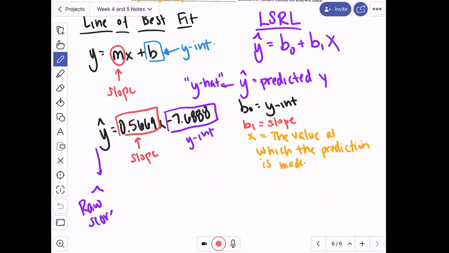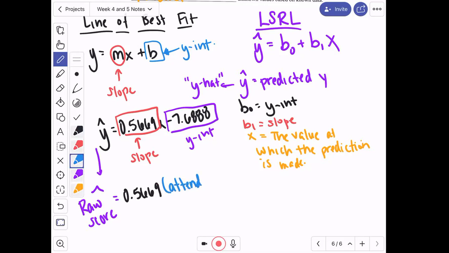So we call it raw score hat. That's equal to 0.5669, and your X variable here is your percent attendance. So notice I'm calling the variable X attendance. I'm calling the variable Y raw score, minus 7.688.